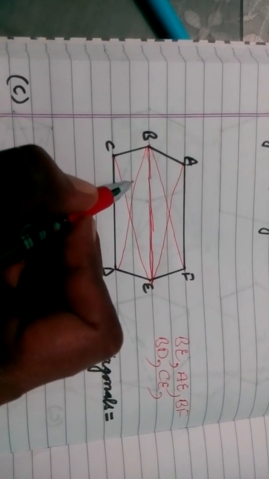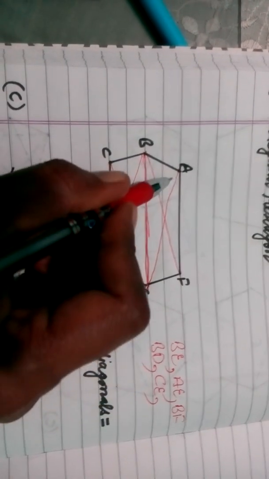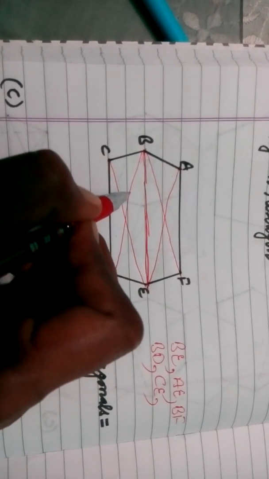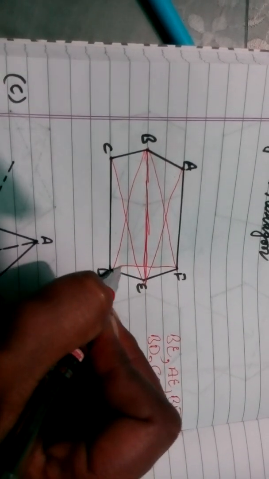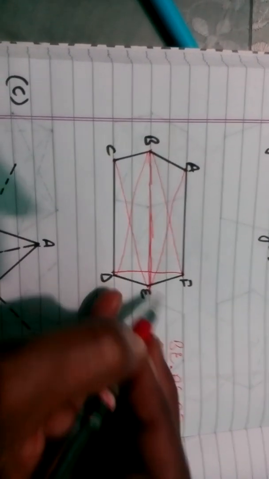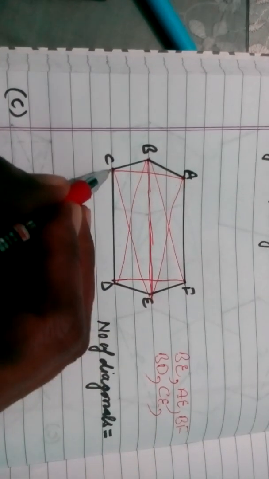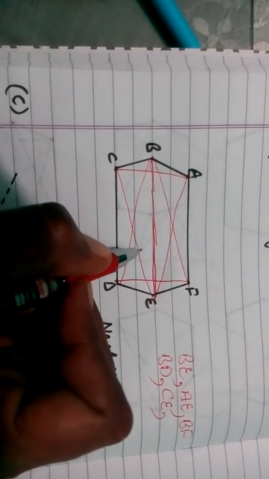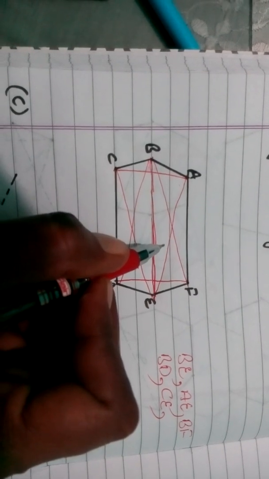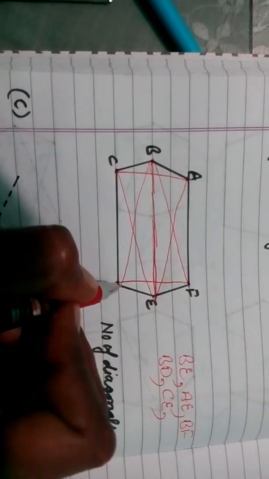And what could be the others? 1, 2, 3, 4, 5. Five diagonals have already been drawn. Now this is 6, FD. And this is 7. What could be the others? AE, BF, BD.